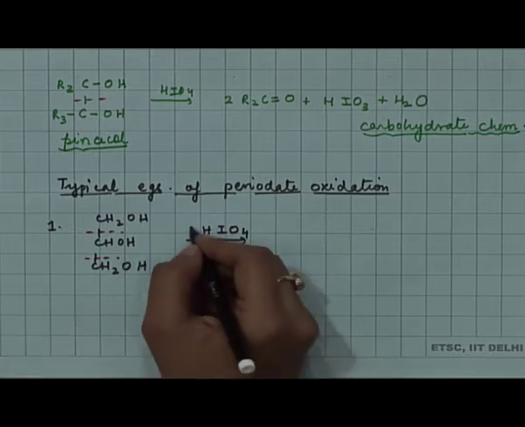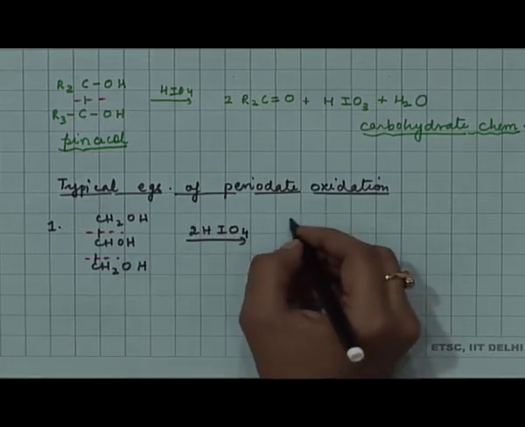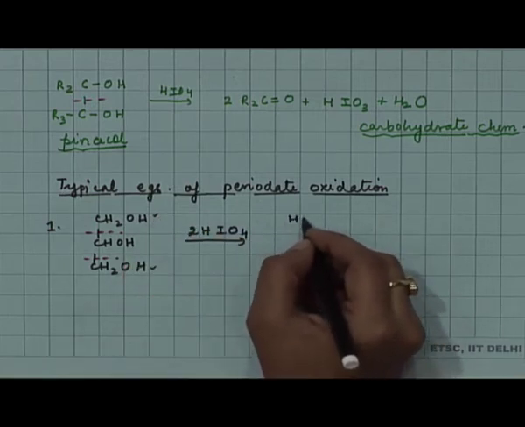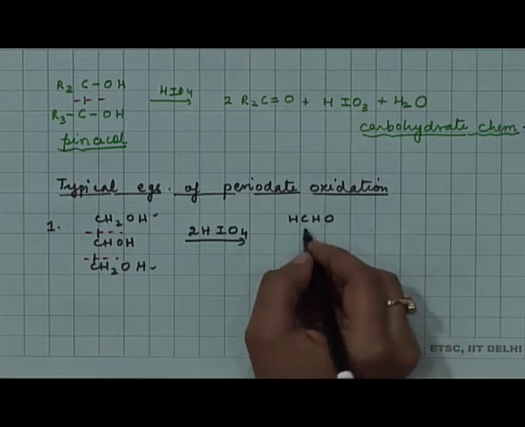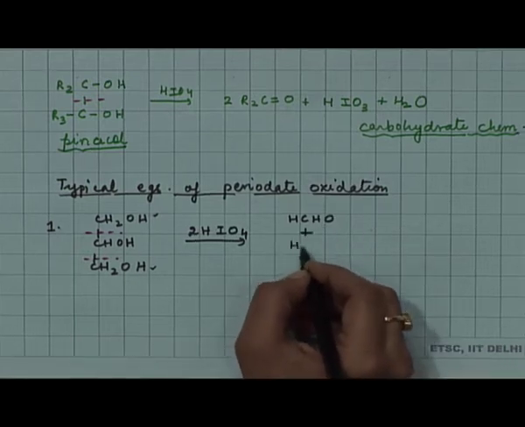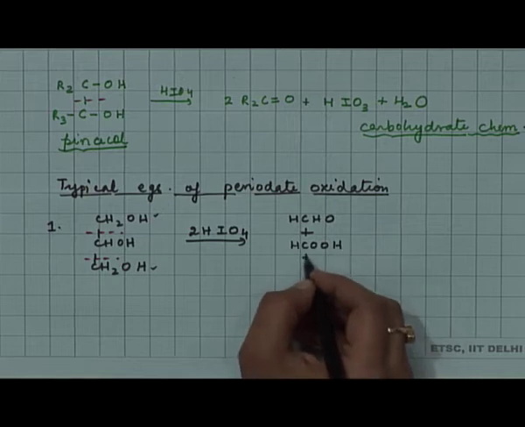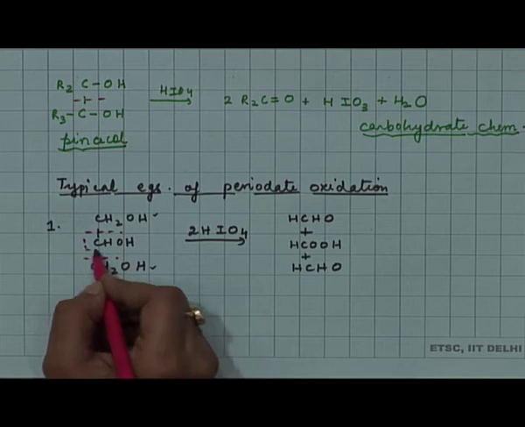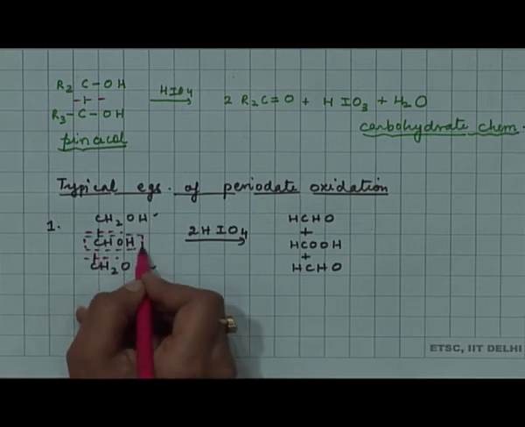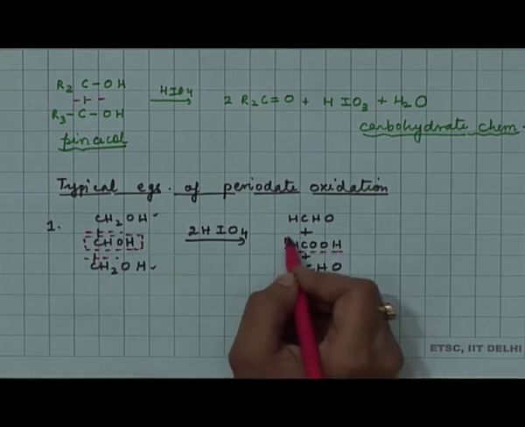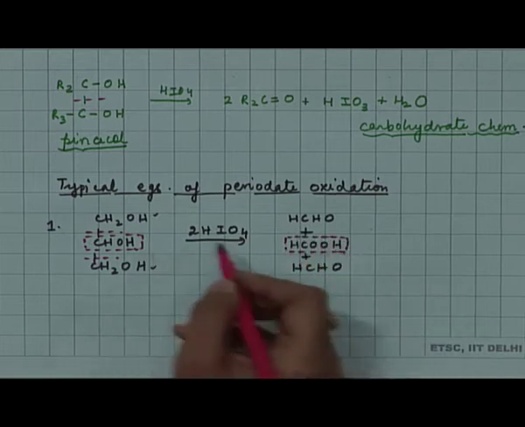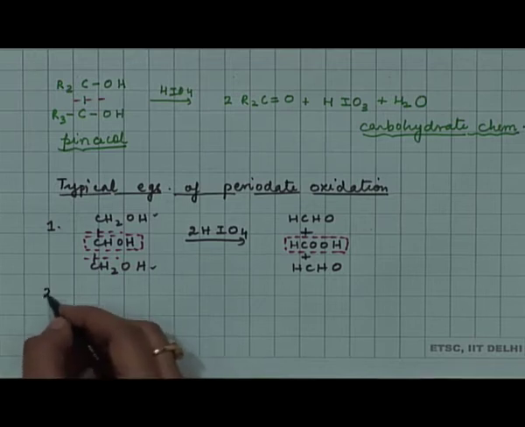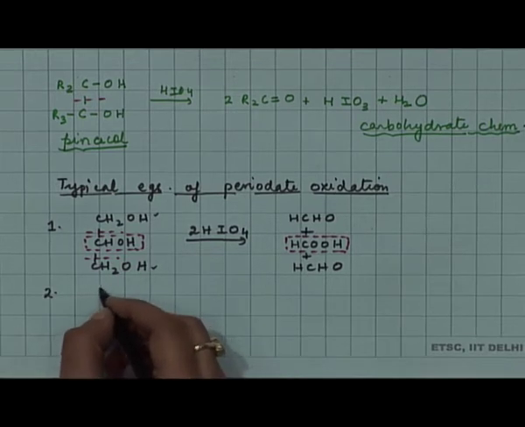So, this would require 2 moles of HIO4, and the terminal carbons bearing the hydroxyl get oxidized to aldehyde, and the middle one gets oxidized fully to the acid. So, this is what happens with the periodate oxidation, that if you have carbons in the middle which bear the hydroxyl functionality, they get oxidized all the way to acid, and that is why it is used in the structural elucidation of sugars.